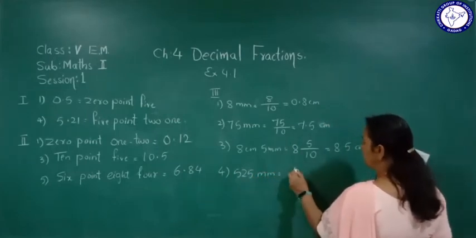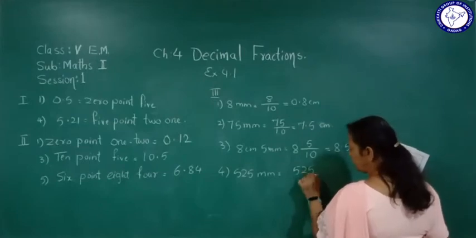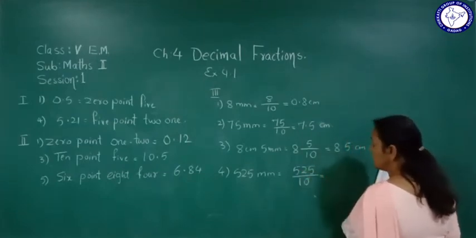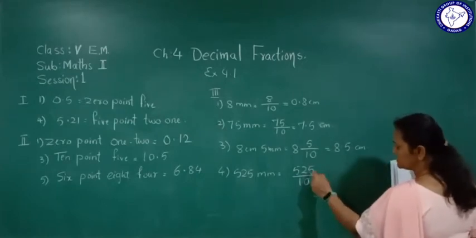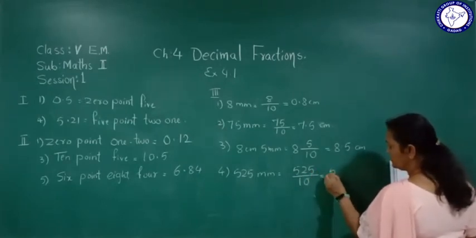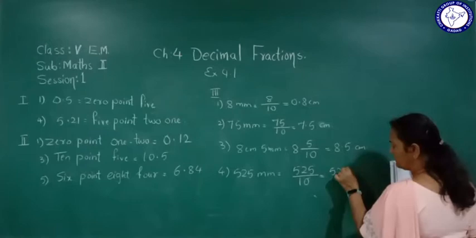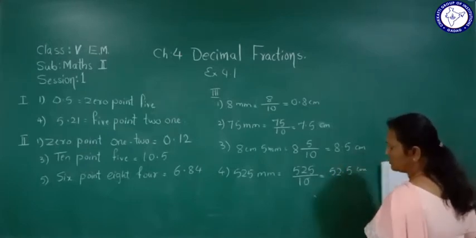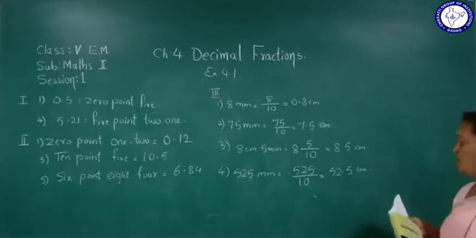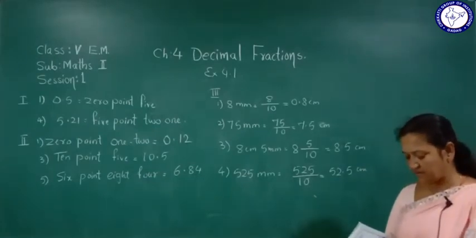So here 525 divided by 10. In 10, how many 0 do we have? Only 1 zero. So after 1 digit you should put the point, and this is 52.5 centimeter. Got this? It is 52.5 centimeter.